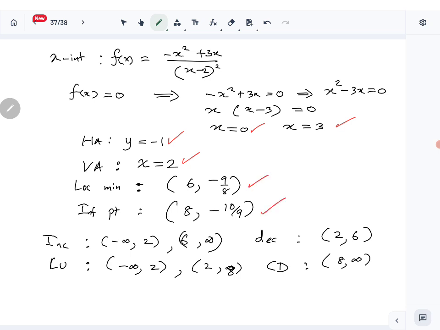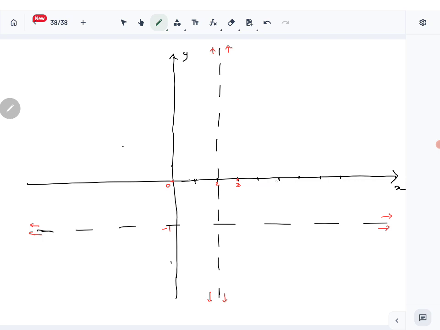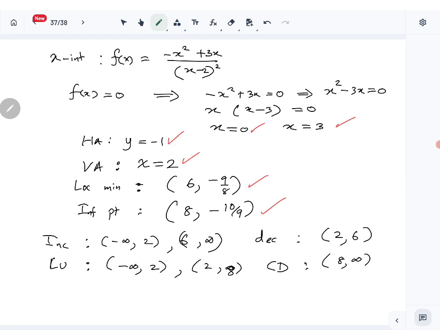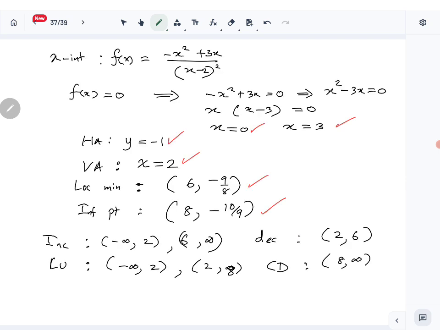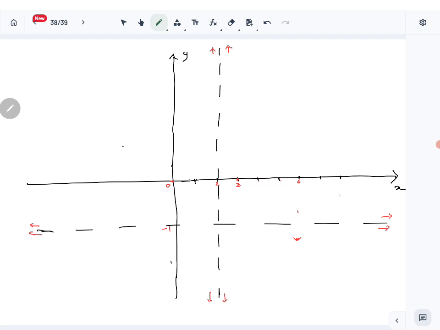Min is at 6, minus 9 over 8. So let's say right around here, we'll put it like that. Local min. Right, then inflection point is where? 8 comma minus 10 over 9. So somewhere here, let's mark. That is the inflection point.